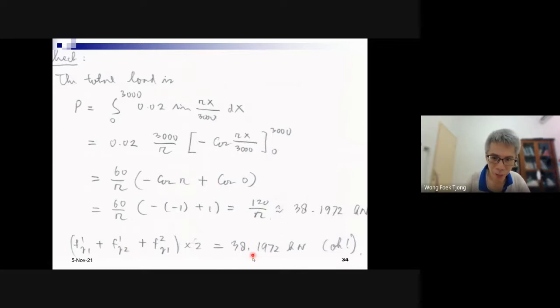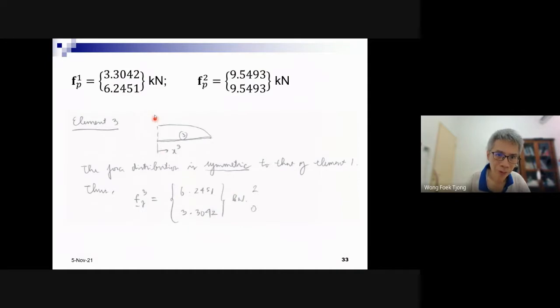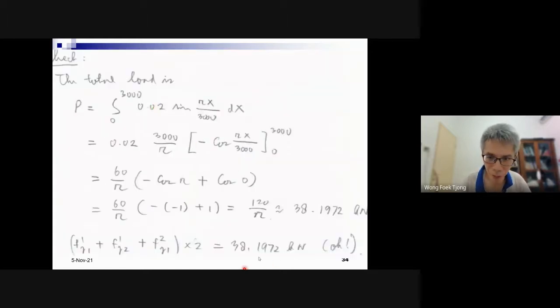So the total should be equal to this total force. I mean this one. This plus this plus this plus this plus this plus this. You can check by yourself, okay? Should be equal to this one. That's just to check. And I check okay.